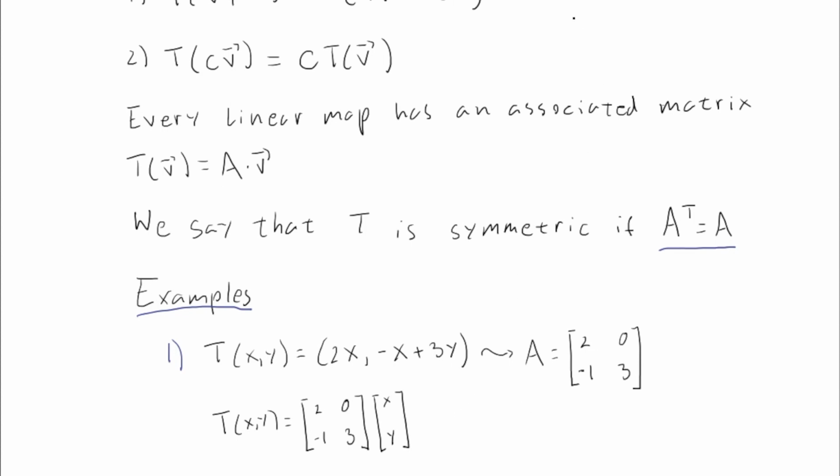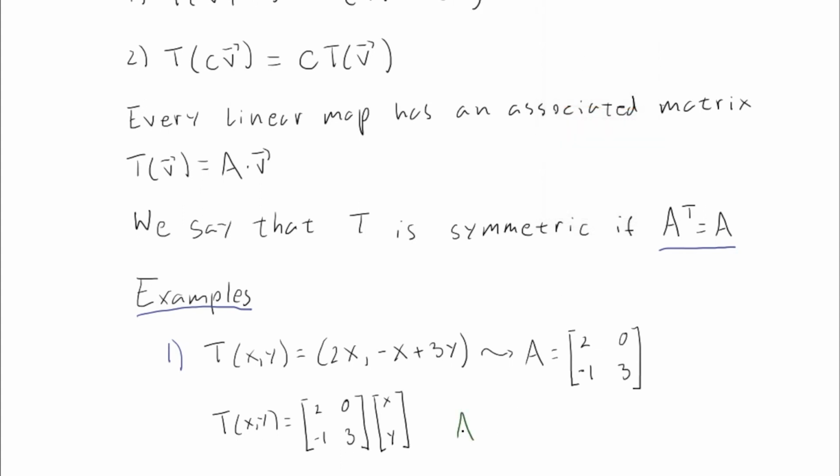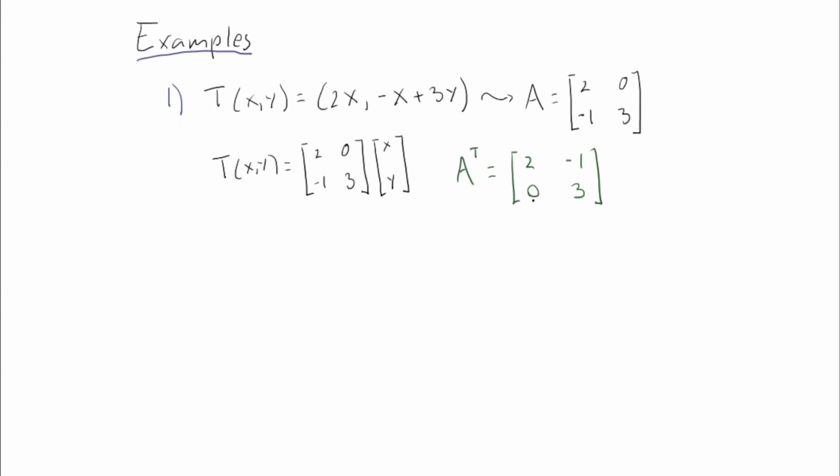So you can see here, A transpose, if you switch columns and rows, now the first column is 2, 0, and the second column is negative 1, 3, which is clearly a different matrix, right? So this is not a symmetric map.